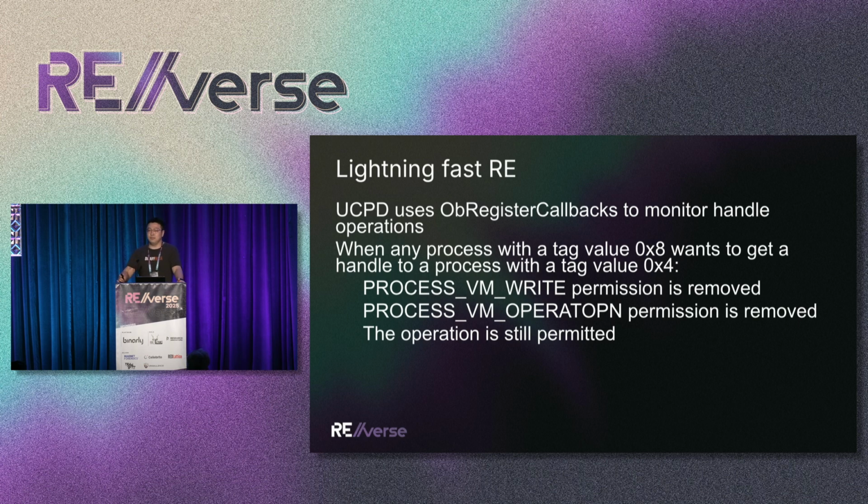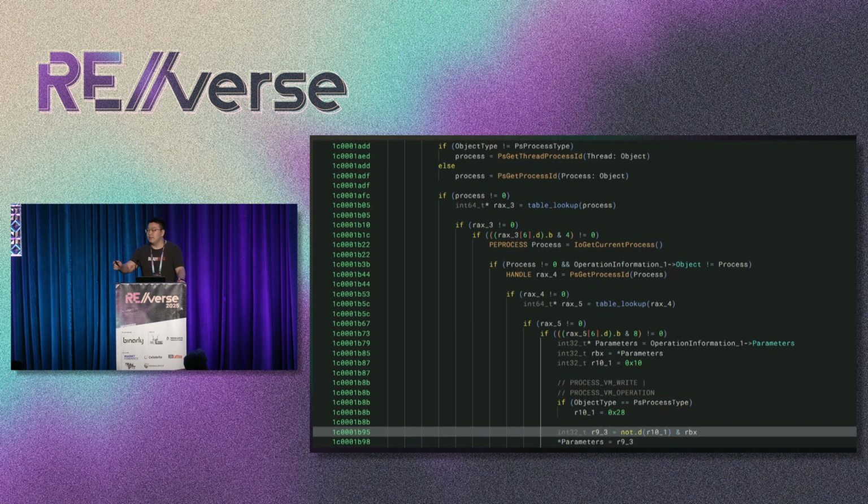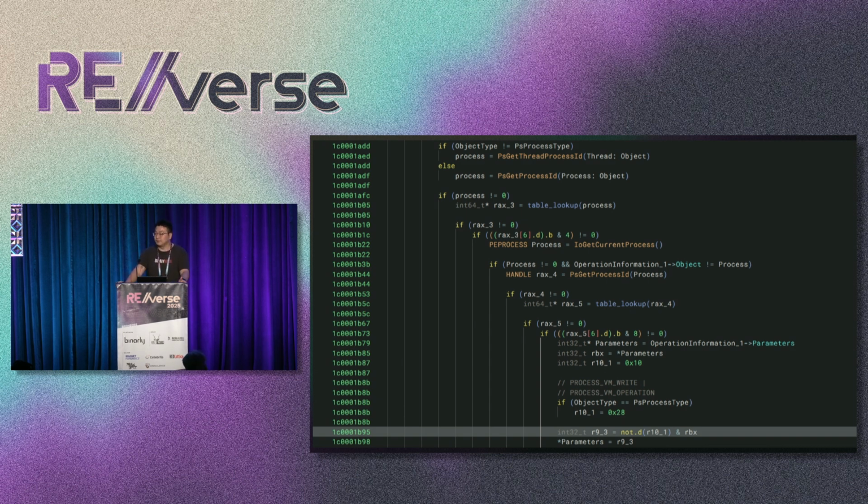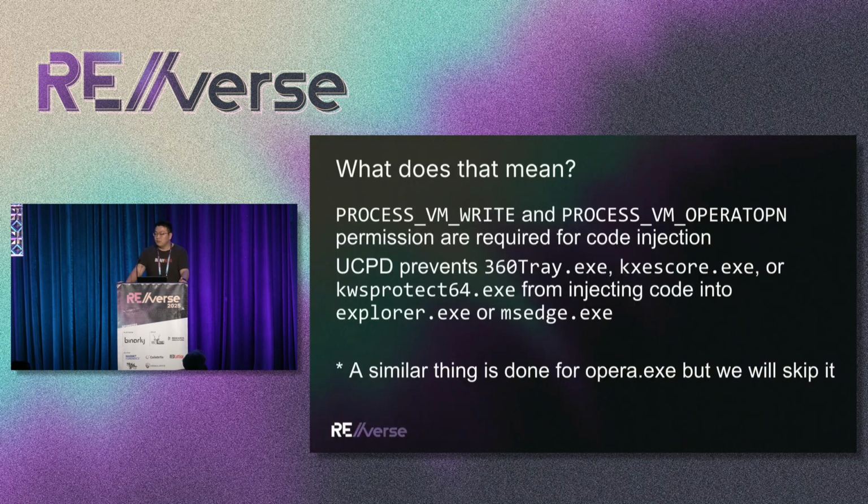So this is the image of the driver. At the line I highlighted, you can see the two permissions are being removed because it's using a NOT of this constant value AND with RBX, which is the original permission. So these two particular permissions are being removed from the requested one. So what does this mean?